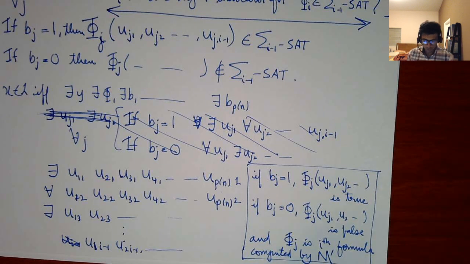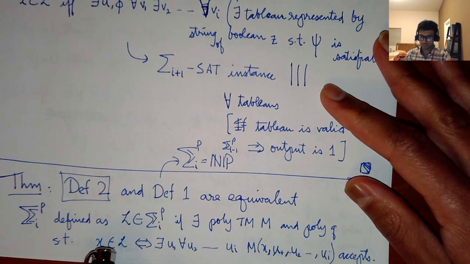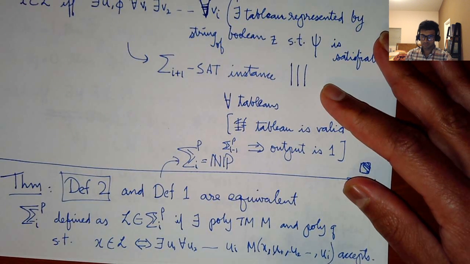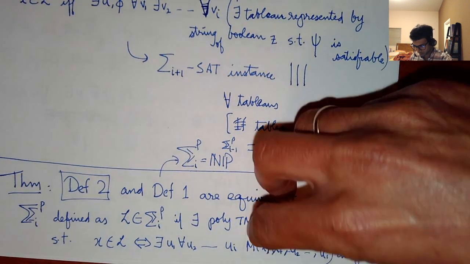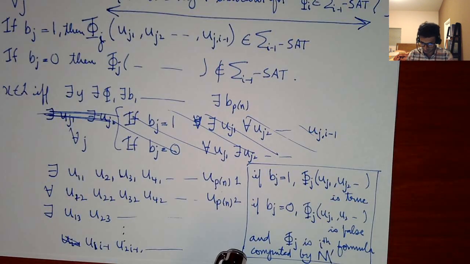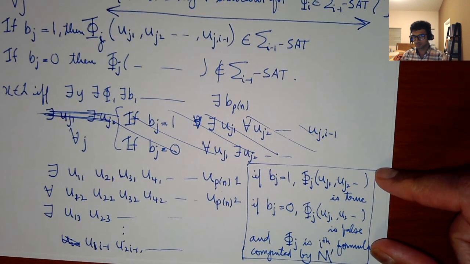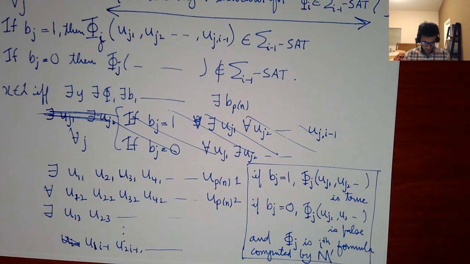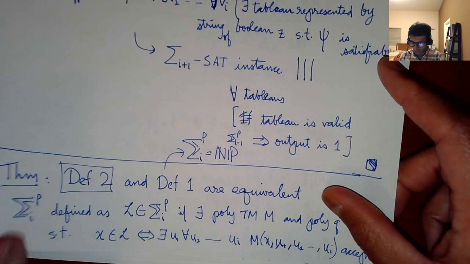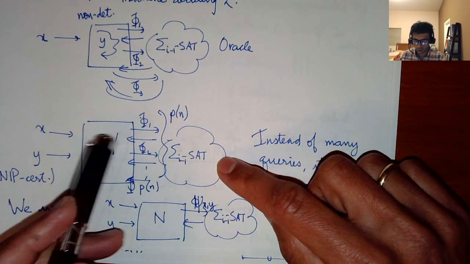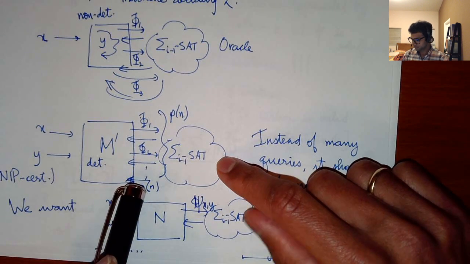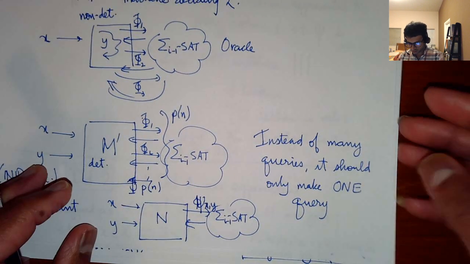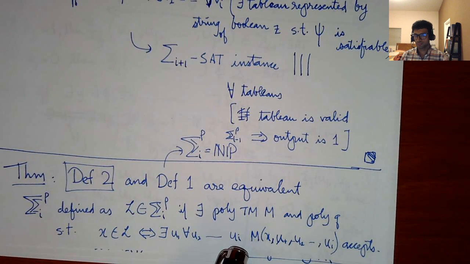Yeah, the original problem is, so I guess what we really want is this definition. And I'm now giving you this definition because this M that I have here is this block over here. So you think of it as I started with the machine that was making lots of Oracle queries, and what I'm going to construct is this.